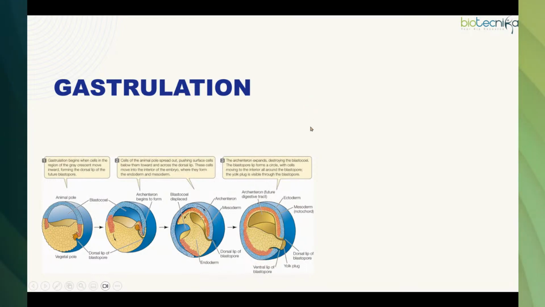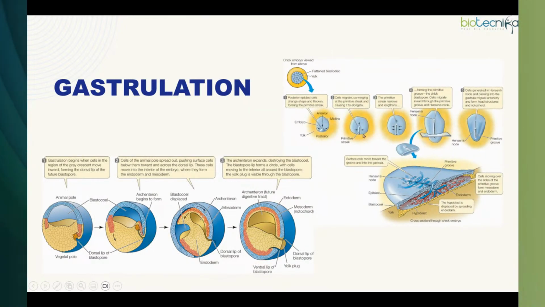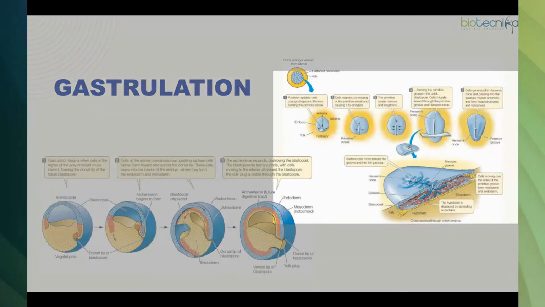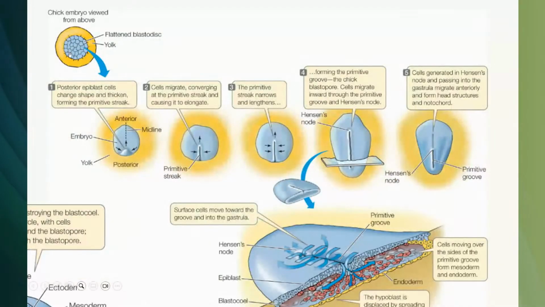Okay, so this is for chicks, right? What you are observing here is a top view, the chick embryo viewed from above. Inside, this is the yolk content, because the yolk of the chick egg is too much.